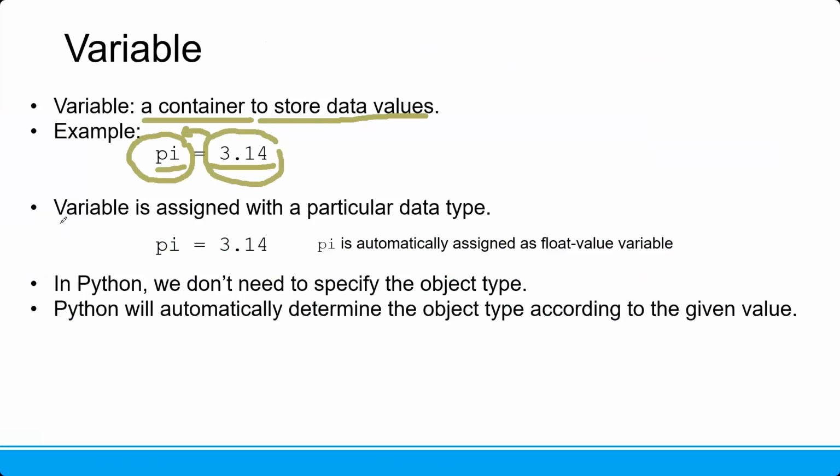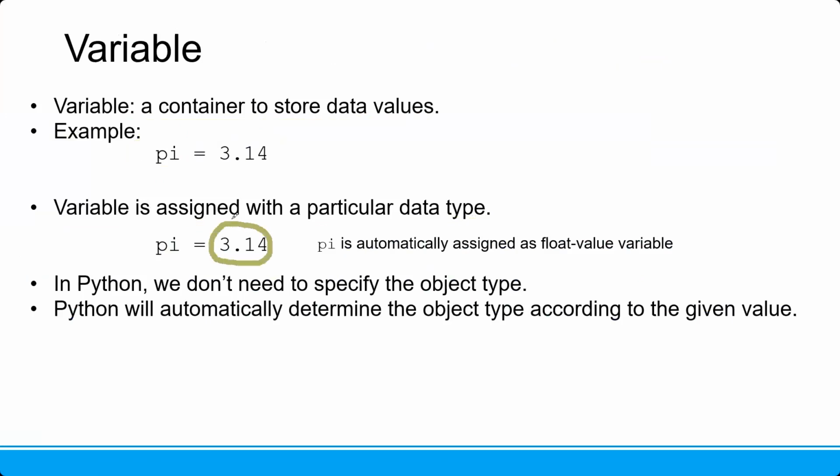So variable is assigned with a particular data type. We know 4 data types: integer, float, string, and boolean. So we can assign any of those objects into the variables. For example, now I have 3.14.